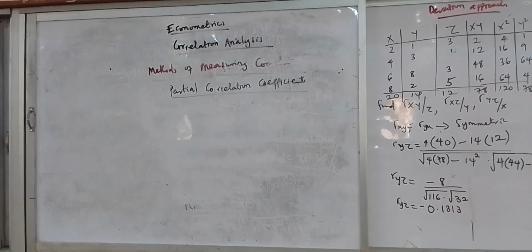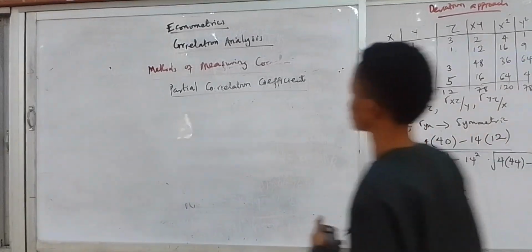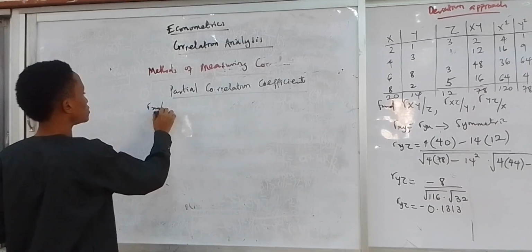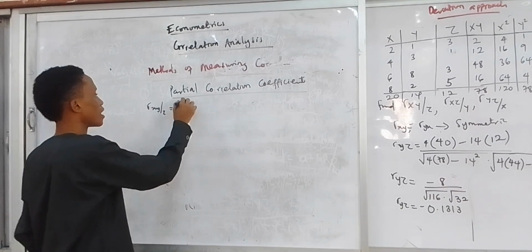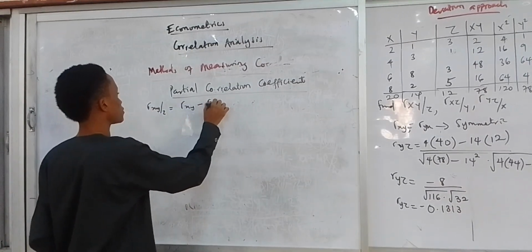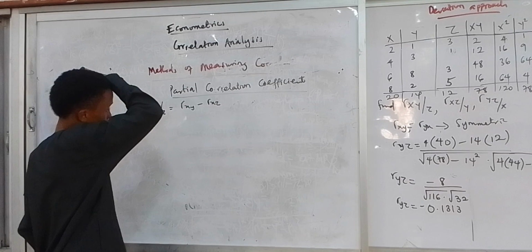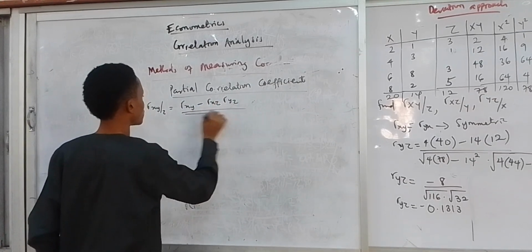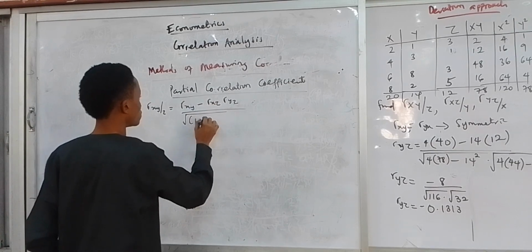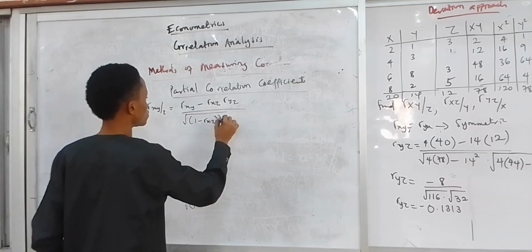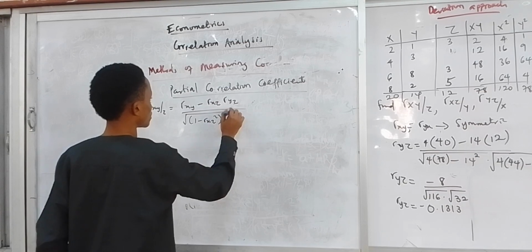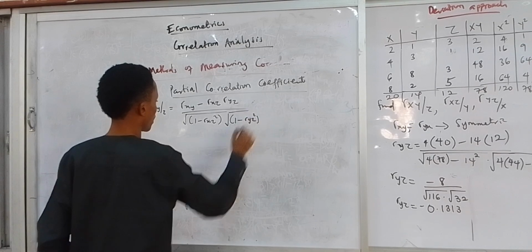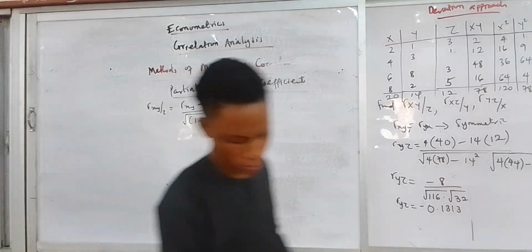Let's apply it here. Now, first question says find rxy holding z constant. Bear in mind, you know the formula: rxy holding z constant will be rxy minus rxz times ryz, over square root of 1 minus rxz raised to power 2, into bracket 1 minus ryz raised to power 2.